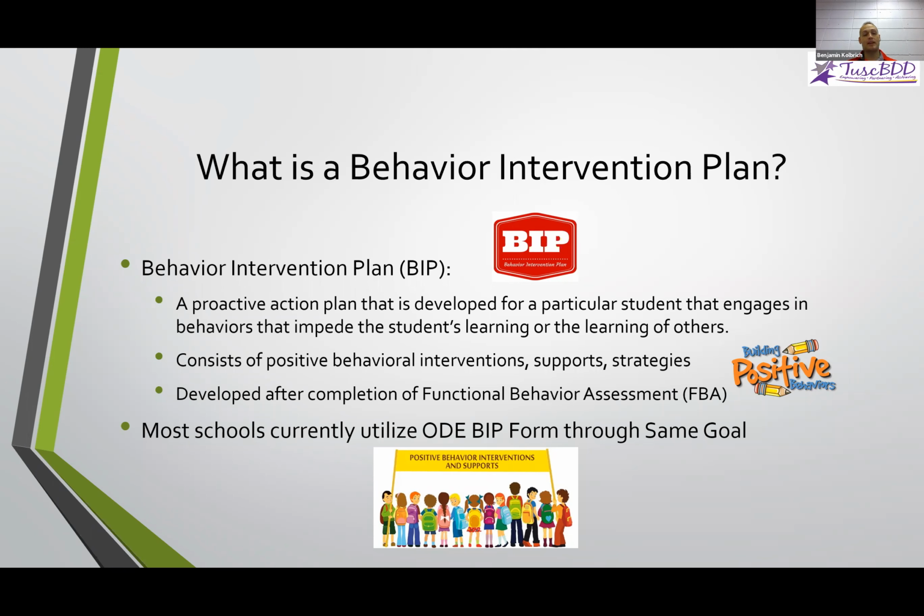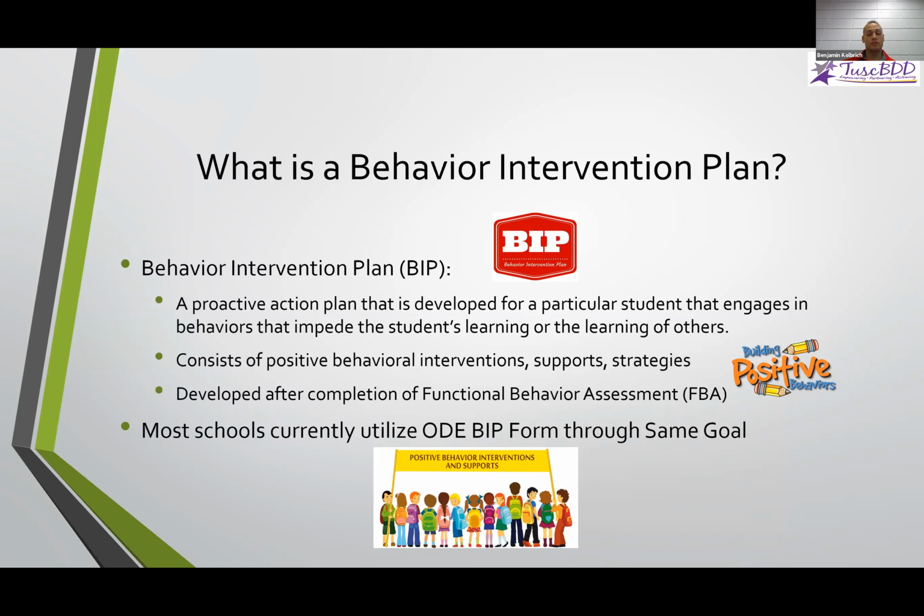So this plan is to help the student learn better in the school environment and interact with their peers in a positive manner. It consists of positive behavioral interventions, supports, and strategies. Like I said before, it's developed after the completion of your FBA, or functional behavior assessment.